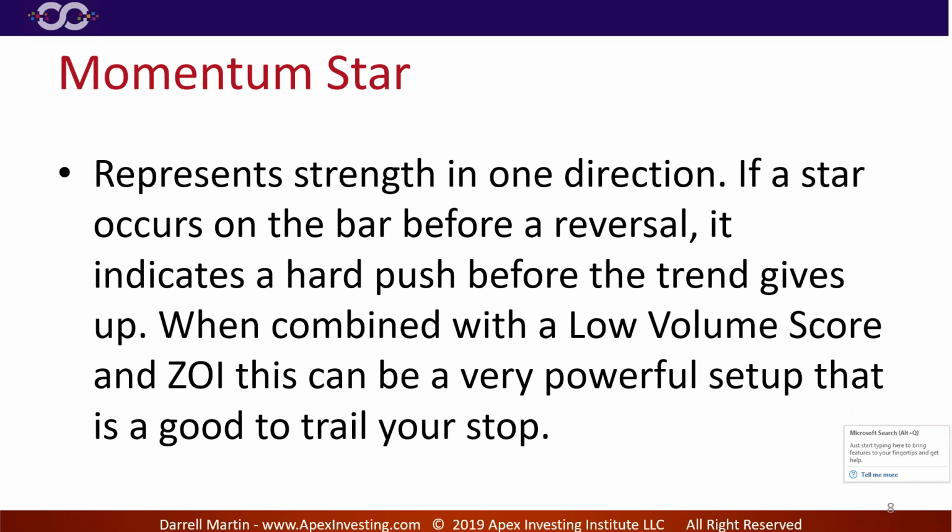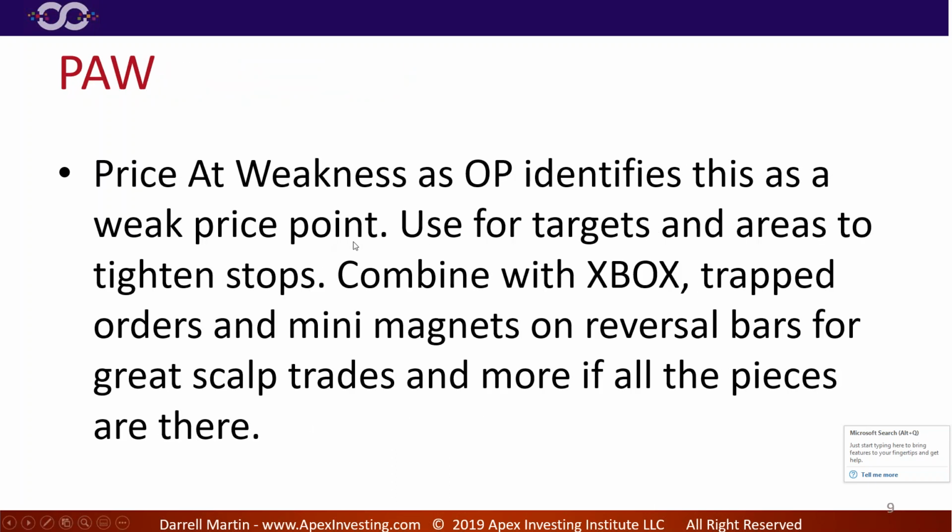So you always put your stop loss at the high or low of the reversal bar in the direction you're going. All right, so paw means price at weakness. Did y'all know that? Or he says it stands for patience. So it means price at weakness.